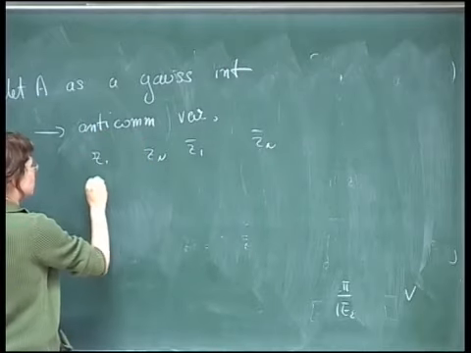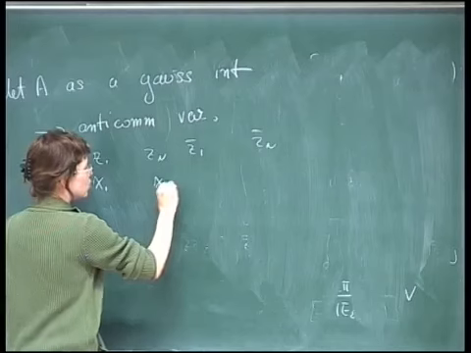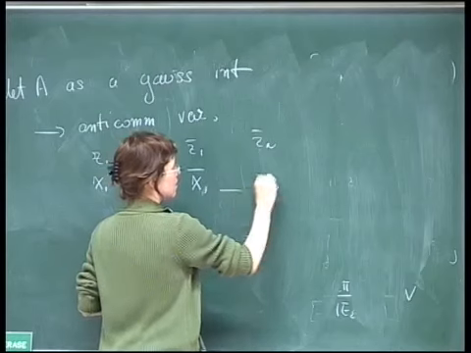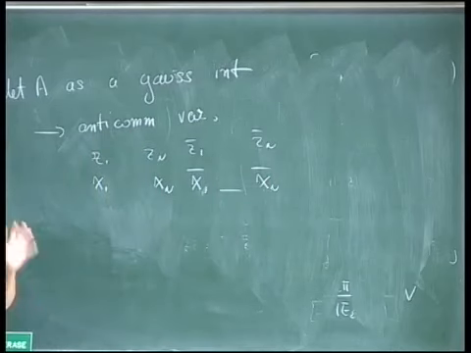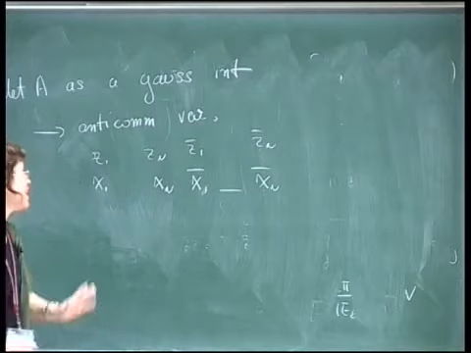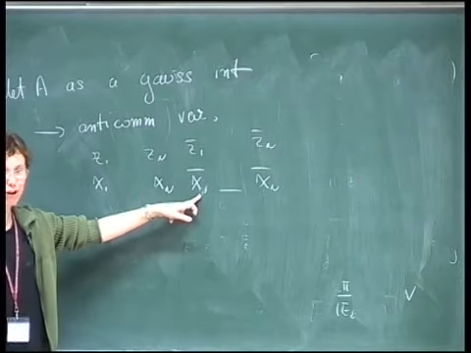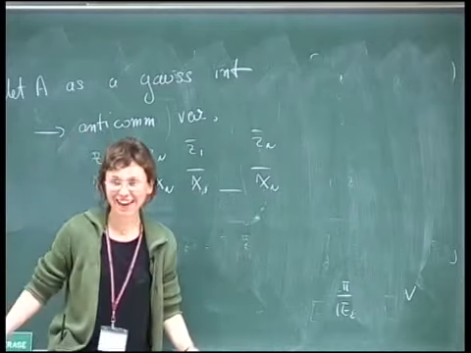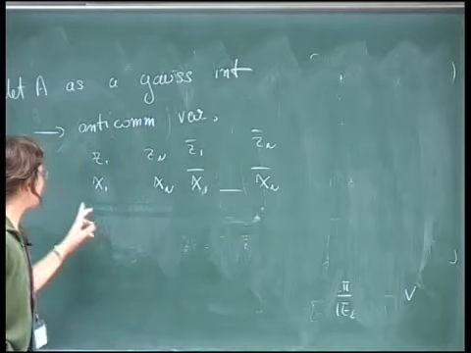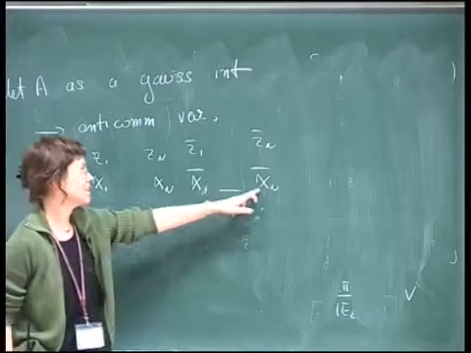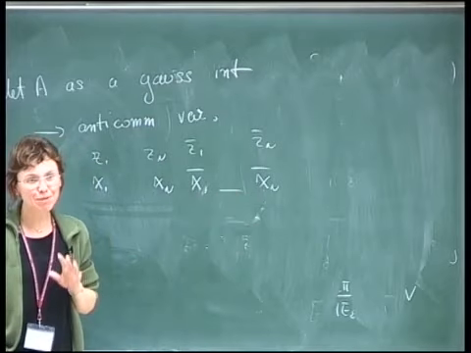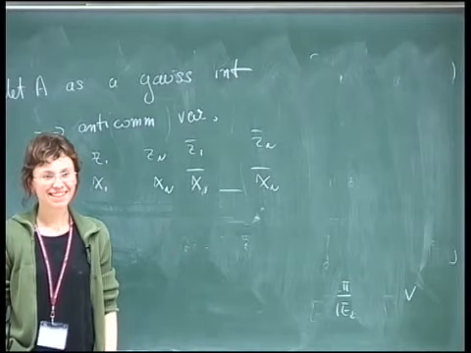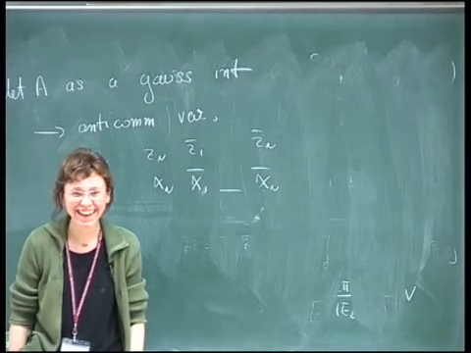I will introduce 2n anti-commuting variables. This bar has nothing to do with the complex conjugate. You can just think of it as 2n totally independent variables. The reason I write them this way is just to make the formula as similar as possible to the one with z1 to zn.